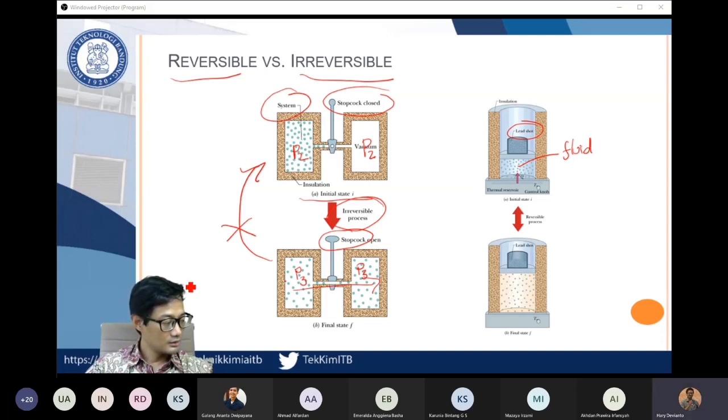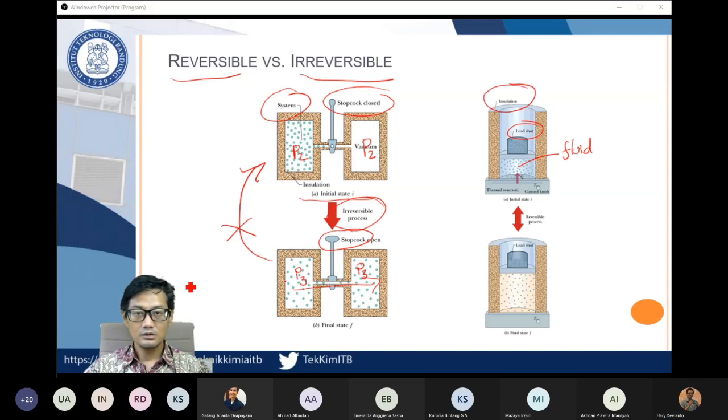This container should be isolated using thermal insulation. And then we can heat up this condition using a thermal reservoir, increasing the temperature. So this is the initial state.